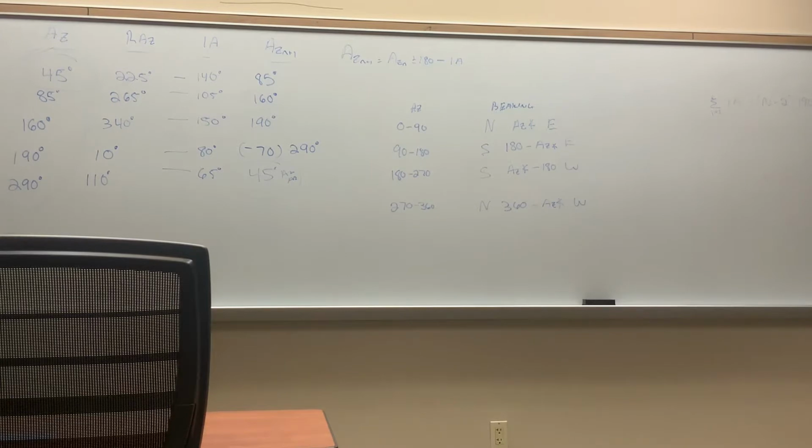And 290 is in the fourth quadrant, which would be north, 360 minus 290 is 70 degrees west.